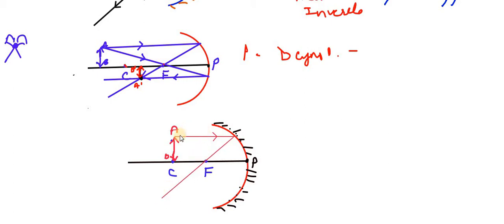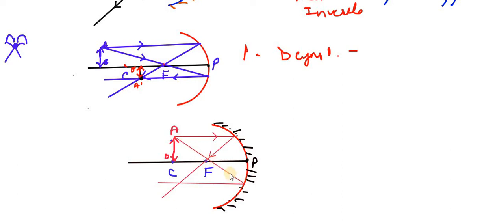Now, when the ray of light is passing through the principal focus F, where will it travel then?